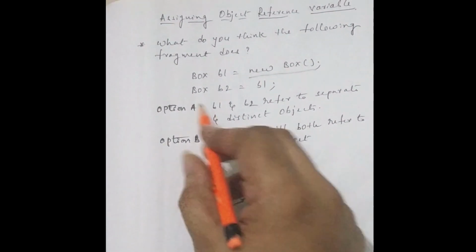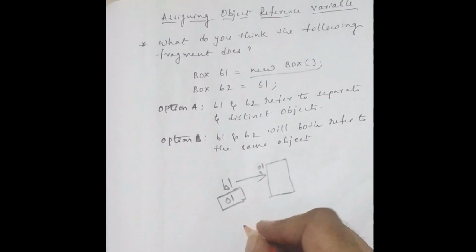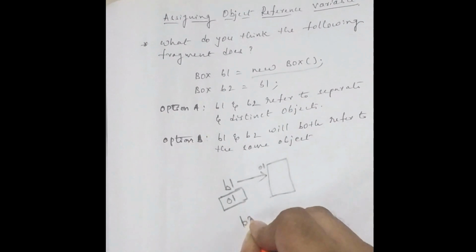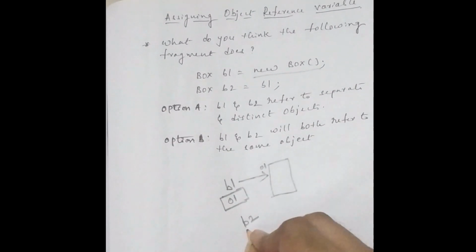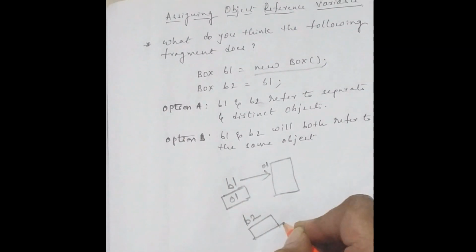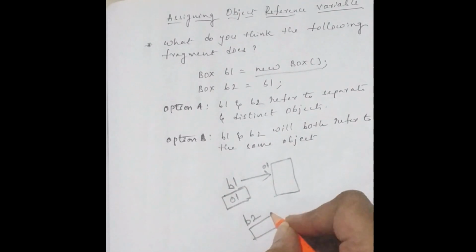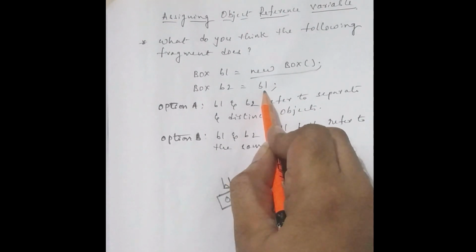Next, what I have written is Box B2 equal to B1. So in the second line I have created one more variable called B2, and memory is allocated for this B2, and inside this memory I am placing the value which is present in B1.